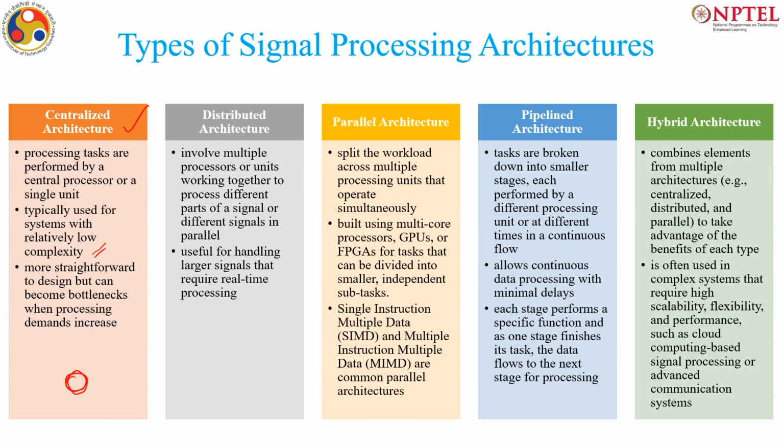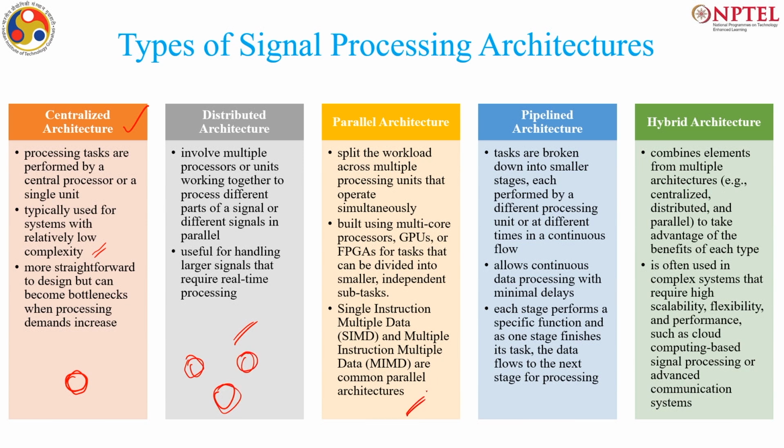When the complexity increases or the signal length is very large, then you can go for a distributed architecture, where there are several processing units working maybe in parallel or maybe in serial, but they divide the work like a divide and conquer approach.